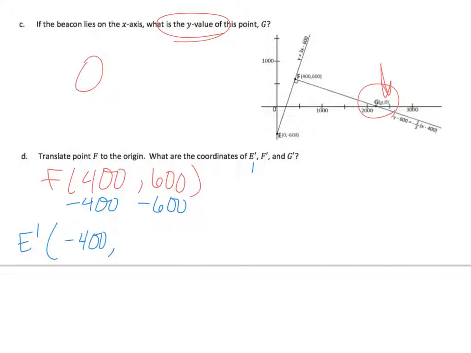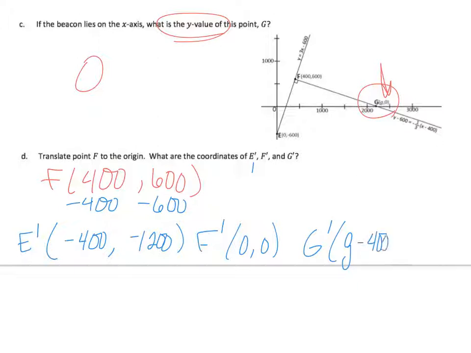And it's negative 600 minus 600. F prime is 0, 0, and G prime, which is G minus 400 and negative 600.